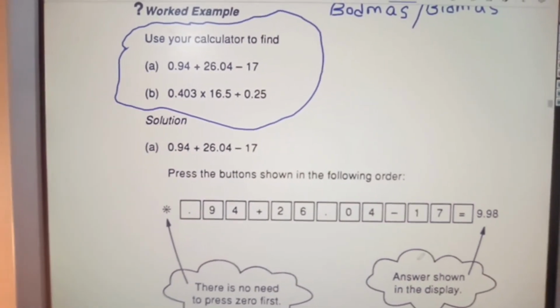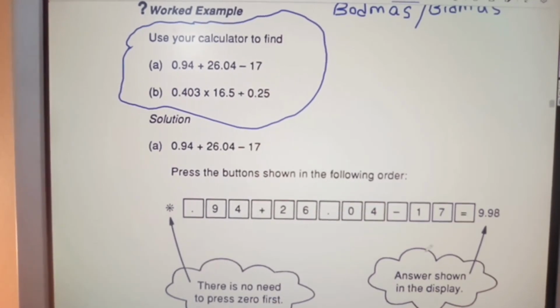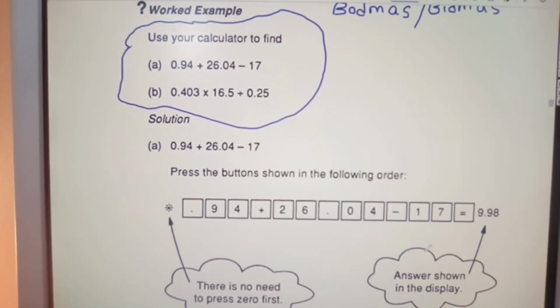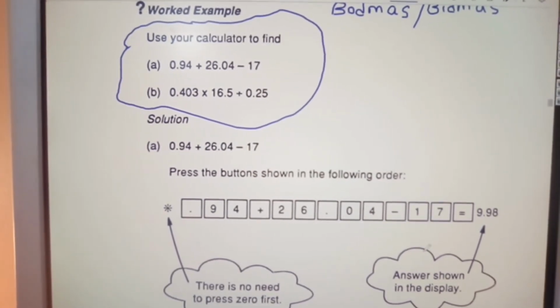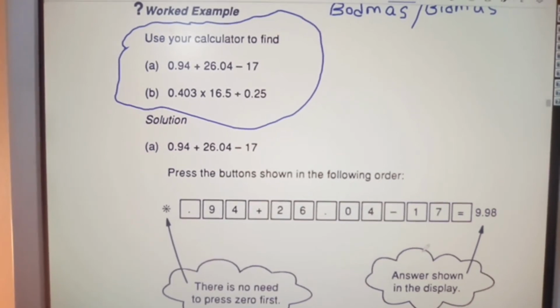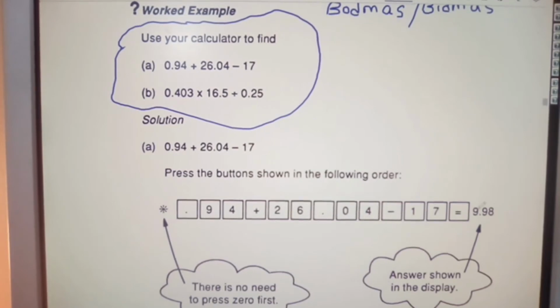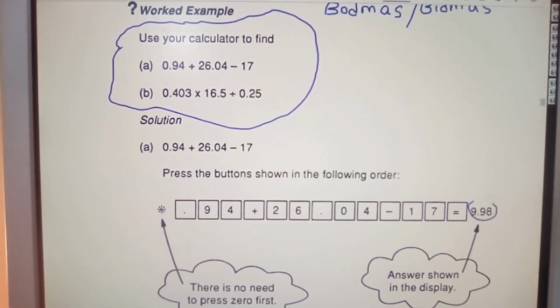But this answer here should be 0.94 plus 26.04 minus 17 equals, oh sorry, my calculator is playing up. The answer is 9.98. That is correct.